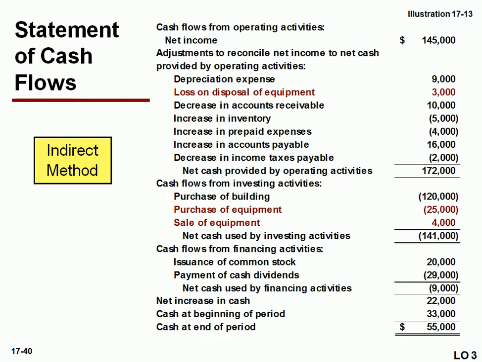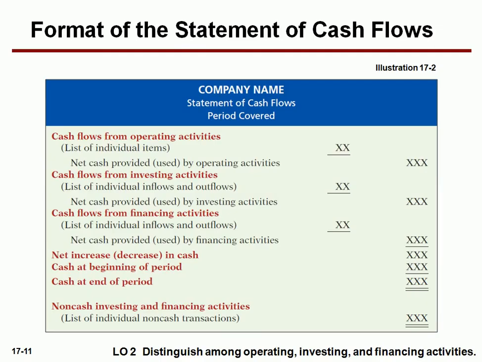This is the format that we should follow. Write the company name, write statement of cash flows, and the date of the period that you have been given in your income statement and balance sheet; in your question you should write it as period ended so and so, and then follow what I told you about. So this is the way to do it.